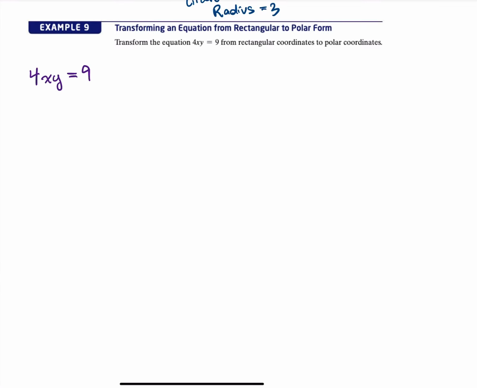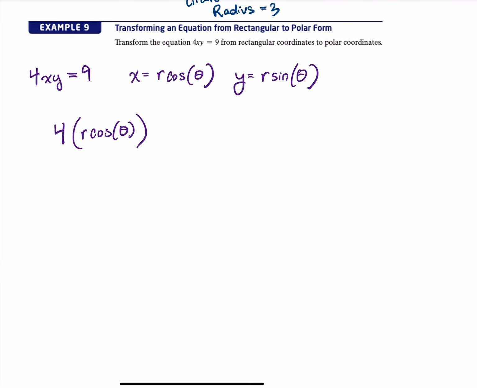So let's remember that x will equal r times the cosine of theta. That's something we can replace in. And y equals r times the sine of theta. So we just need to replace that in our equation. Instead of x, we'll say 4 times r cosine theta. And instead of y, we will have r sine theta.